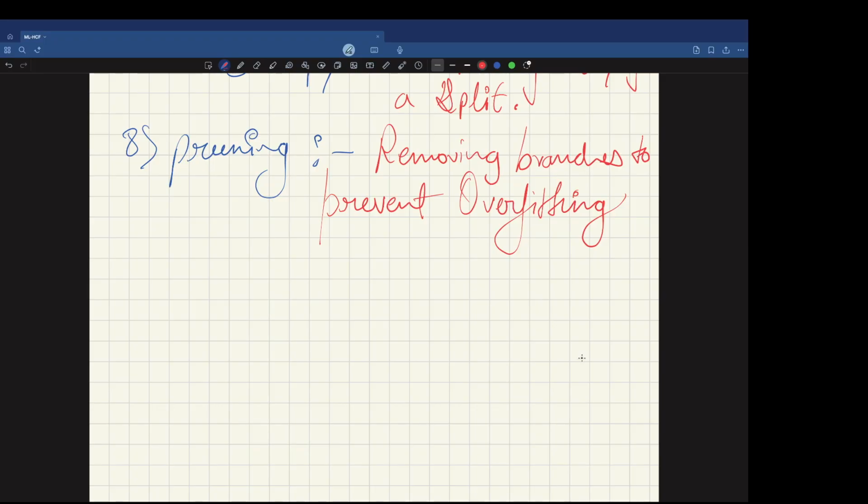So this is the basic thing, and we are going to talk about the use cases. The next topic we can put is use cases. So what are use cases?